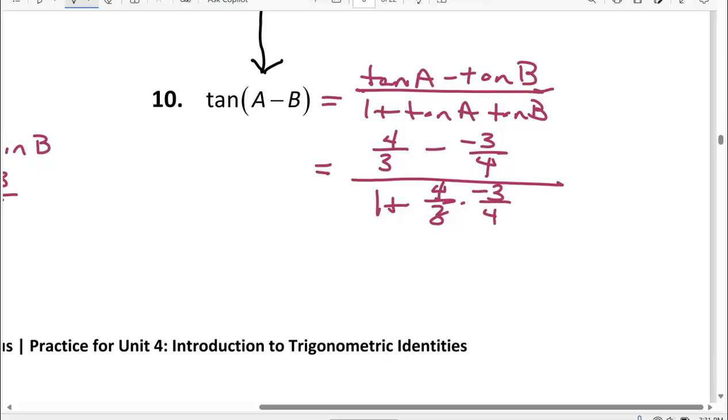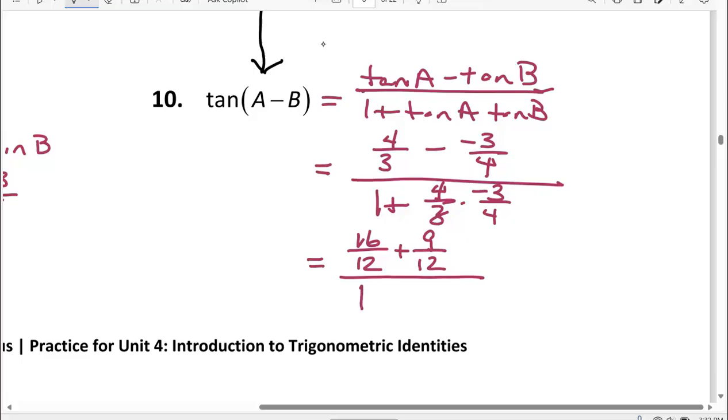All right, and what we can do is just address all of the arithmetic. So we have 4/3 plus 3/4. I'm going to give them a common denominator of 12ths. So that would be 16/12 plus 9/12 on the top.